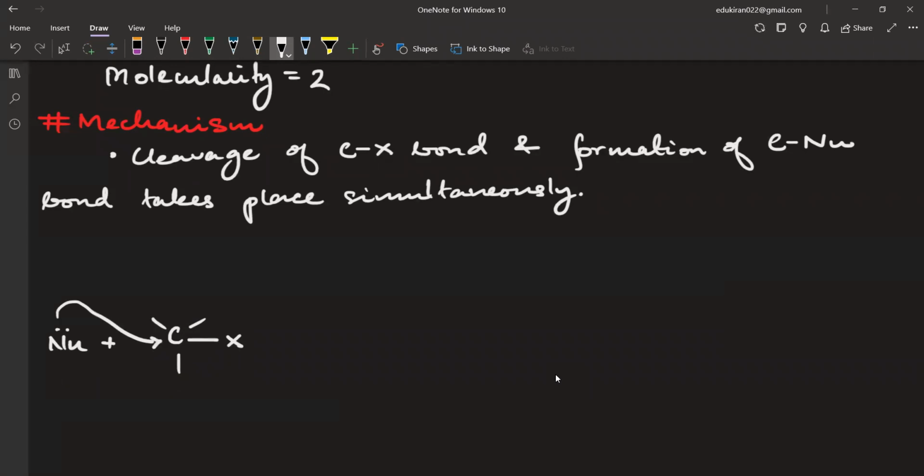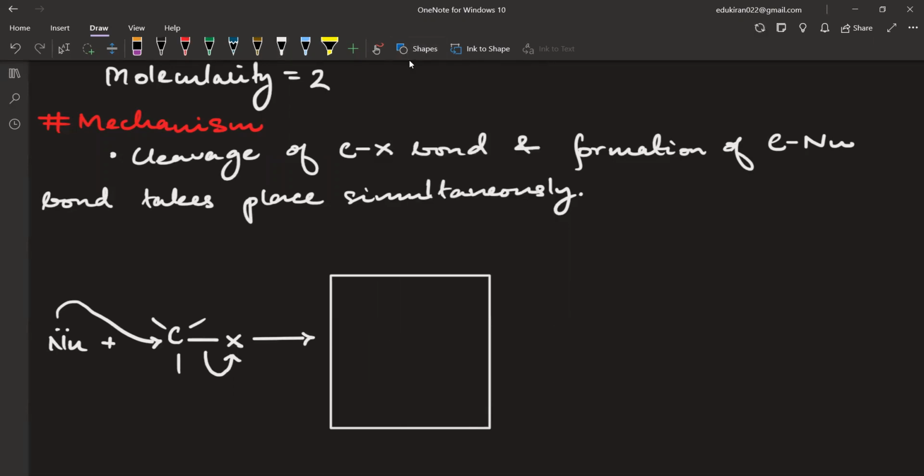Now, as soon as it attacks, what will happen? The C-X bond will start to cleave, and this will lead to the formation of a transition state. What is the transition state?